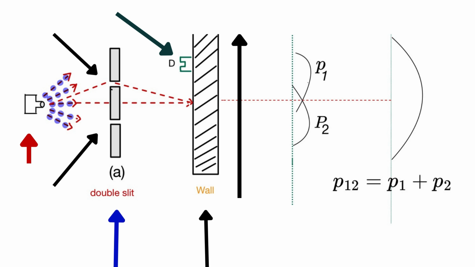We get the following probability curves for hole 1 and hole 2, and we get the P12 probability distribution curve when both holes are open. We get the important result: P12 equals P1 plus P2.